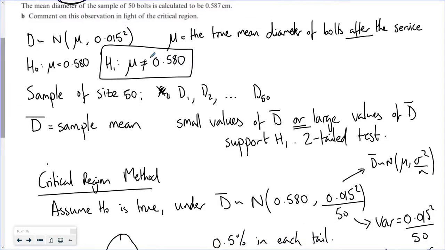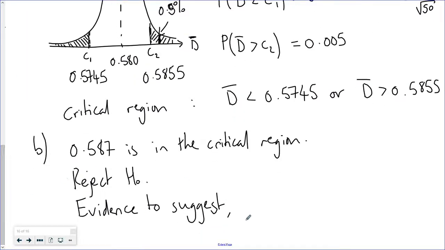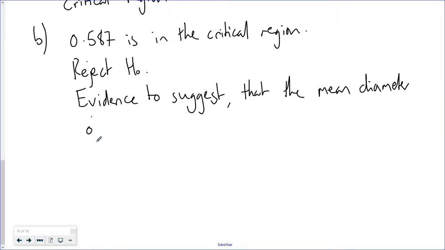So all we've got is evidence to suggest that the diameter of the bolts has changed. We can't say that it's increased. So evidence to suggest that the mean diameter of bolts has changed after the service.